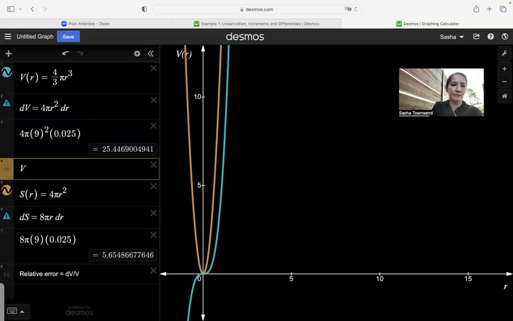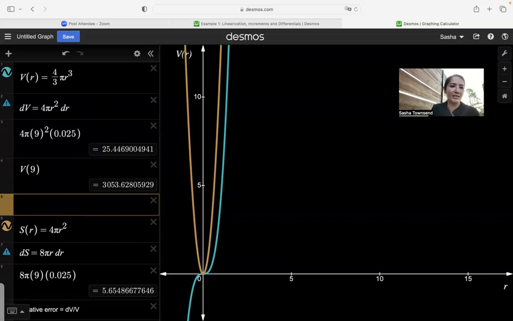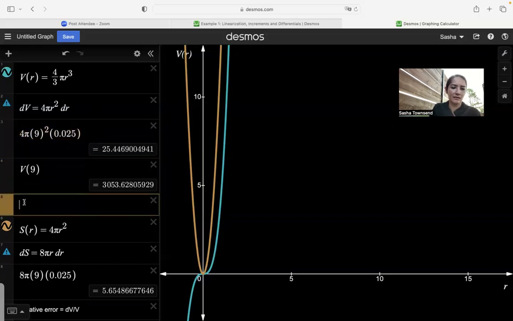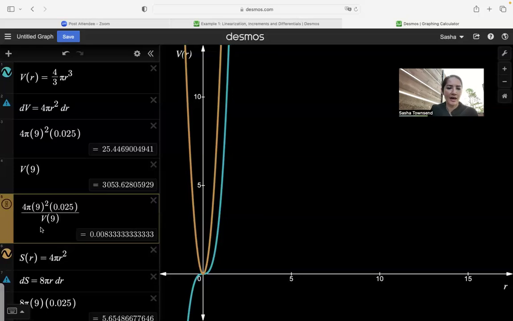So v of 9 is actually about 3,000. So you say, well, 25 isn't very much compared to 3,000. How much is it compared to 3,000? Well, you can compute this number divided by v of 9. And that is our relative error.